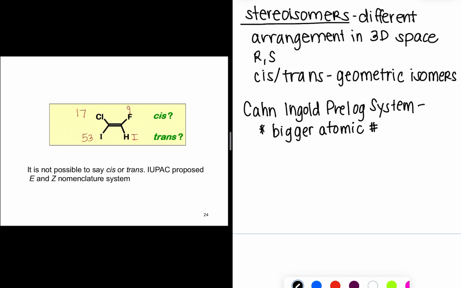When I'm going to use these rules, I'm looking at priority based on largest atomic number. I'm going to kind of split the double bond, and I'm going to look at the left side and the right side of the double bond separately.